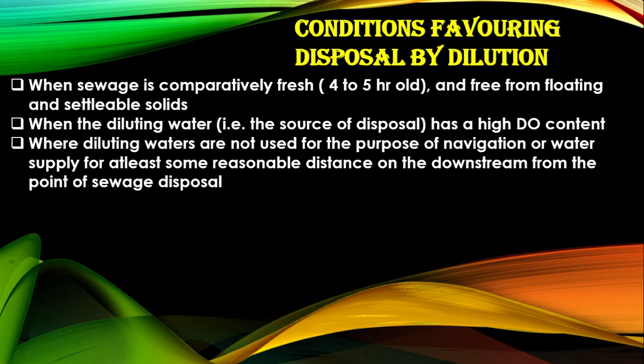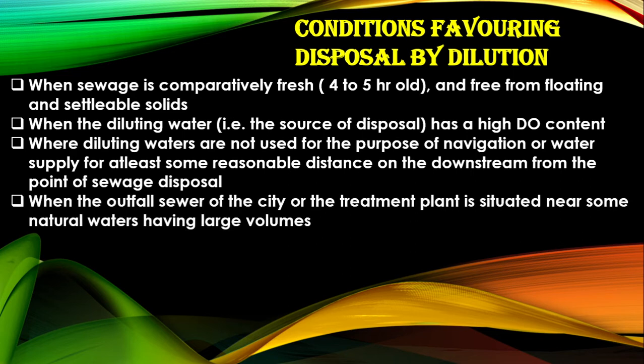Next point is, where diluting waters are not used for the purpose of navigation or water supply for at least some reasonable distance on the downstream from the point of sewage disposal. That is, if the water source is not used for navigation and water supply, also it is at reasonable distance from the point of disposal, disposal by dilution is used.